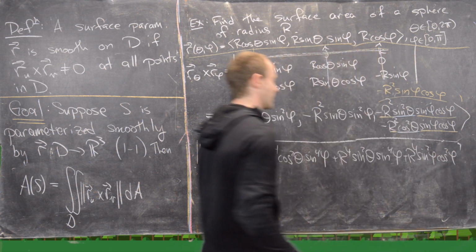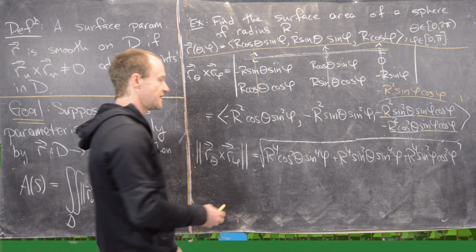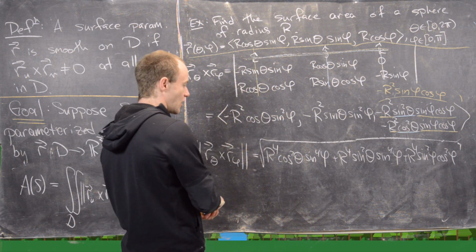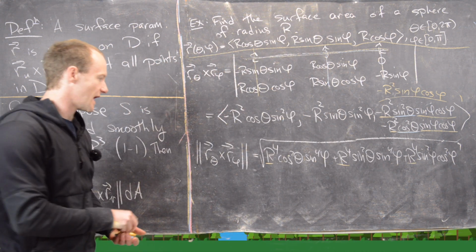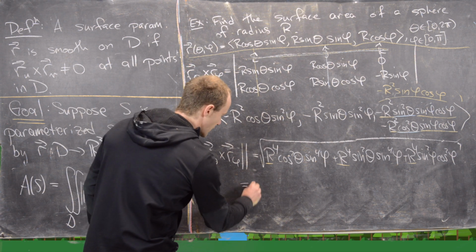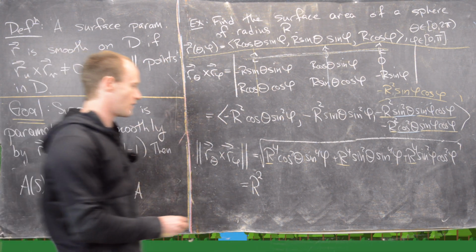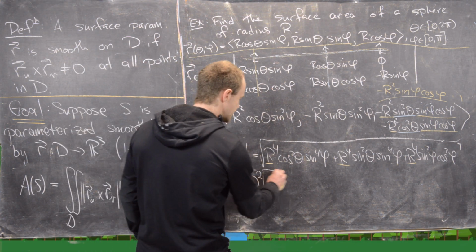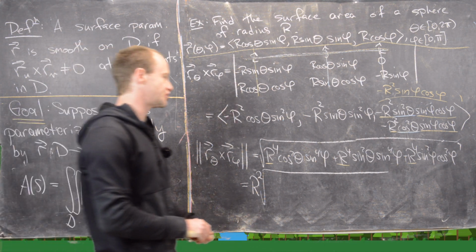Okay, so we've got something like that going on. But now notice that first of all we have an r to the fourth in all of the terms, so we can go ahead and pull a square root of r to the fourth out, in other words, an r squared out. And then left on the inside, we've got the square root of a bunch of stuff. Let's look at these first two terms.